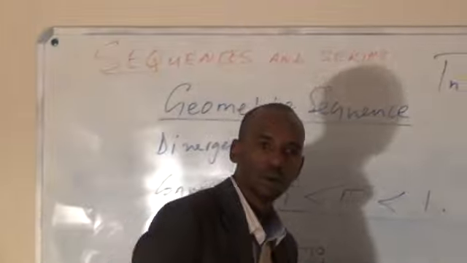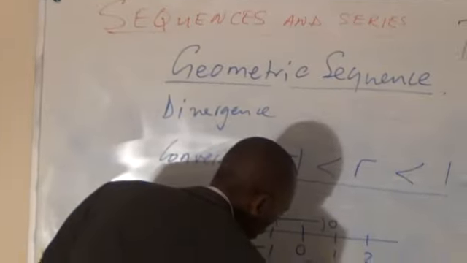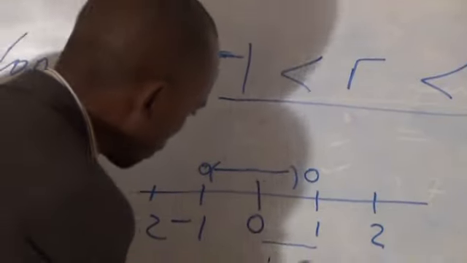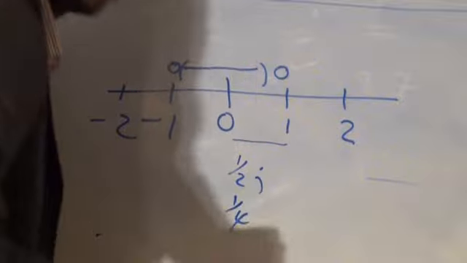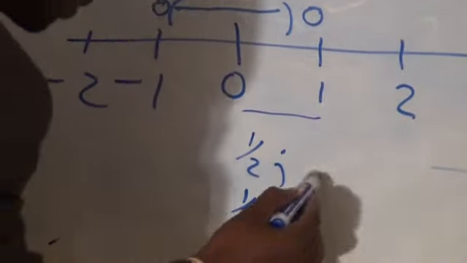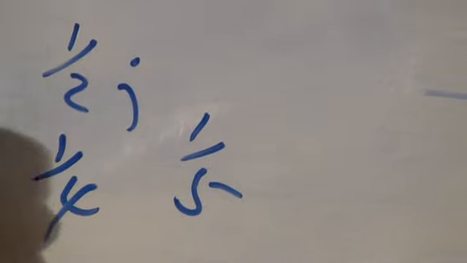Think of any number: half, 0.5, a quarter, 0.3, a fifth. What else? Minus half, here.